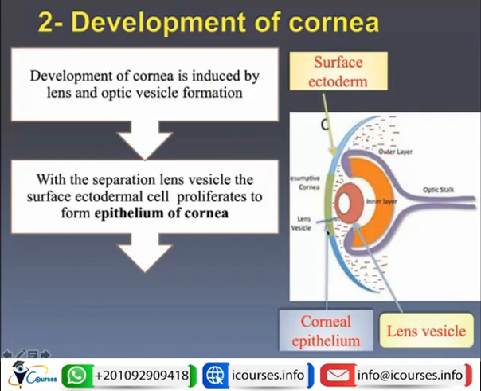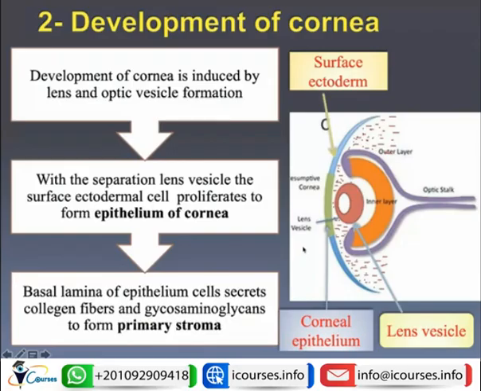Please notice that every layer within the cornea is derived from a different structure. We are starting now with the corneal epithelium, which will be derived from the surface ectoderm. Then the basal lamina of the epithelial cells will secrete some collagen fibers and glycosaminoglycans, which will form the primary stroma.